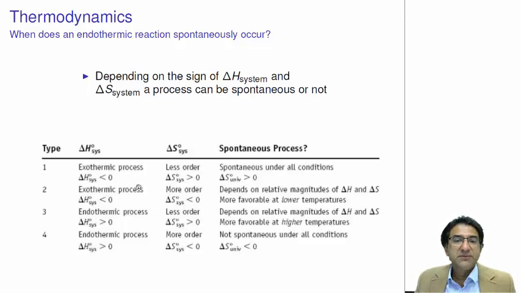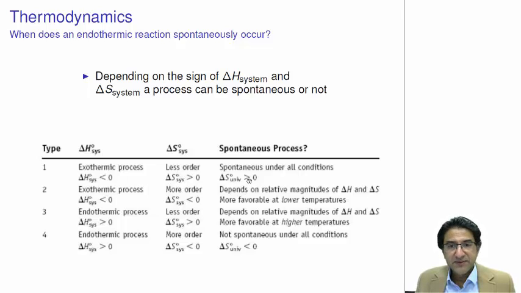Let's consider an exothermic process, first case. Delta H system less than 0. That means delta S surroundings bigger than 0. Negative delta H on T is always positive. We add delta S for the surroundings to delta S of the system. That happens to be positive because that's the possibility in this column.